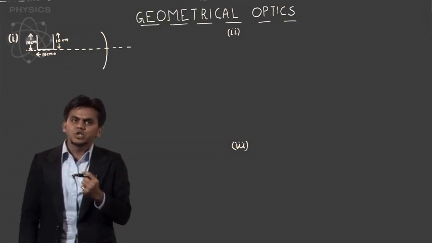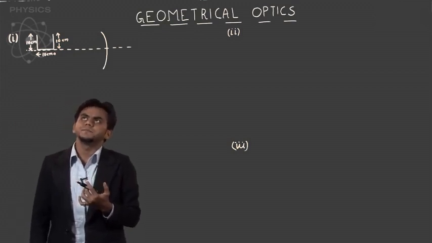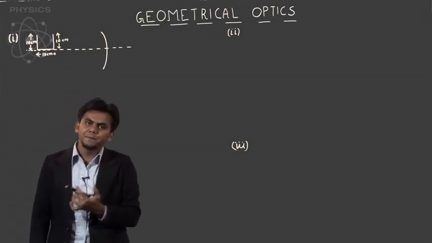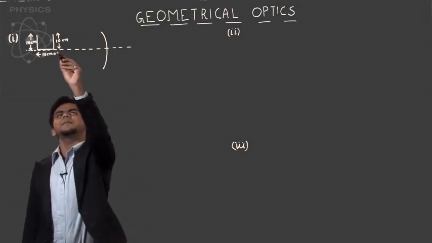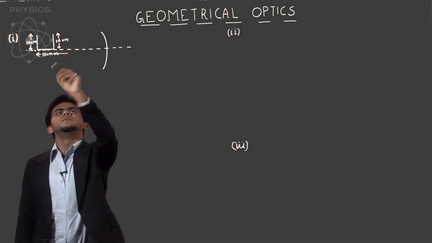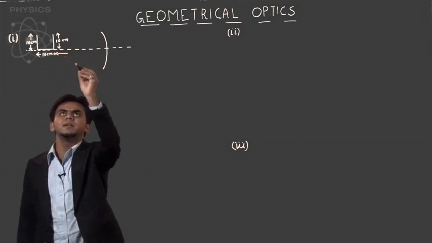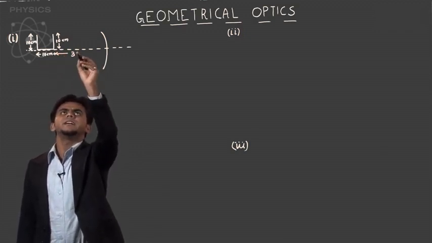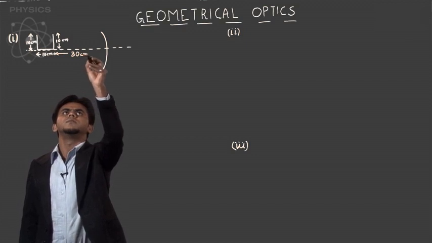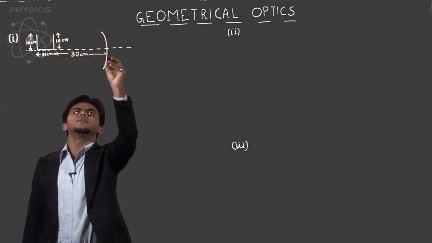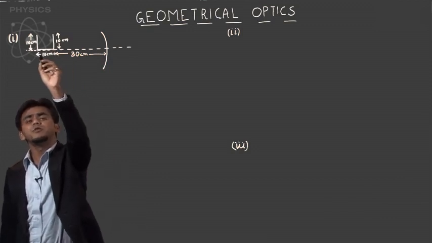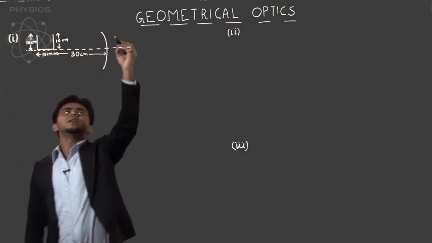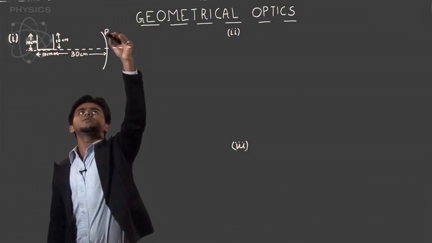The radius of curvature of this concave mirror is 20 centimeters, and I have kept this U-shaped thingy 30 centimeter away from the pole. I mean, this point is 30 centimeters away, so this would be 40 centimeters away naturally, and the radius of curvature of this concave mirror is 20 centimeters.